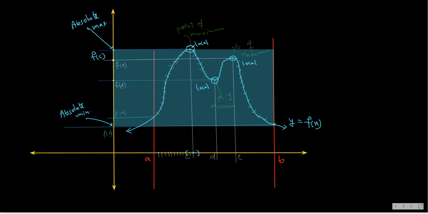Remember, you can have several local maximums and several local minimums, but there will be only one absolute maximum and one absolute minimum. The absolute maximum means you cannot have any value of the function greater than that. The absolute minimum means you cannot have any value of the function lesser than that in that interval. That goes without saying.